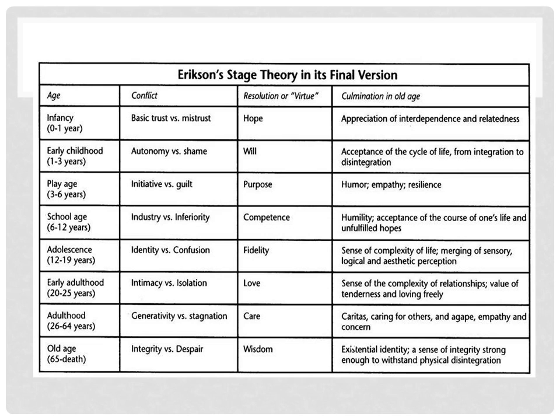The conflict in here is whether the child is able to develop trust versus mistrust. The resolution, or the virtue that they would get from here, is hope, and the culmination in old age is that they have the tendency to have an appreciation of interdependence and relatedness.